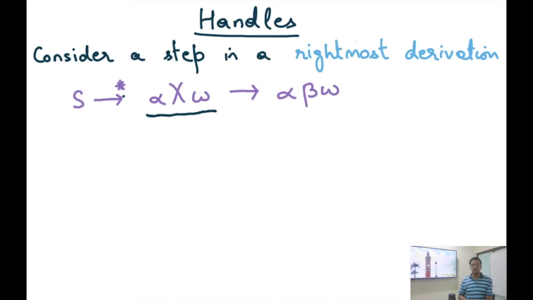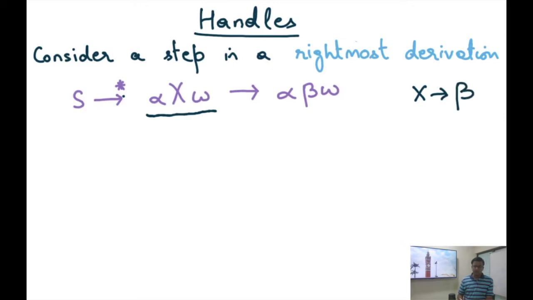Alpha represents a string of symbols which could be terminals and non-terminals. Omega also represents a string of symbols which could be terminals or non-terminals, and capital X represents a single non-terminal. And in the rightmost derivation, this would produce alpha beta omega, using the production X produces beta.